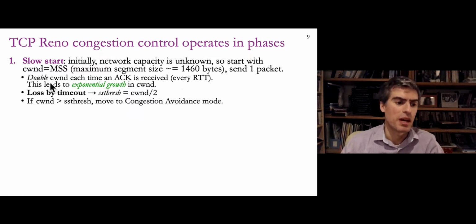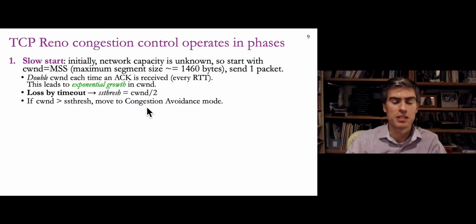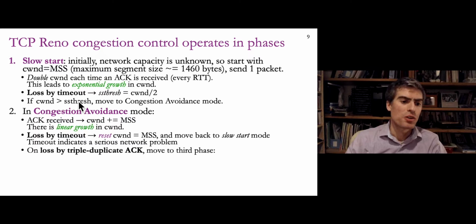That means that after all this doubling, you've started sending at so high a rate that the network is overwhelmed. So at that point, you cut your congestion window in half, and you move to the next stage, which is called congestion avoidance. In this mode, you're no longer growing exponentially, but you're growing linearly. So every time you get an acknowledgement, you increase the congestion window by 1 packet size.